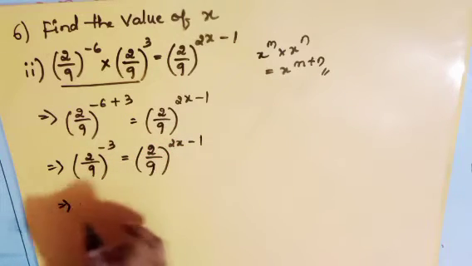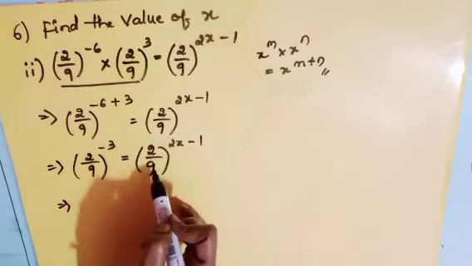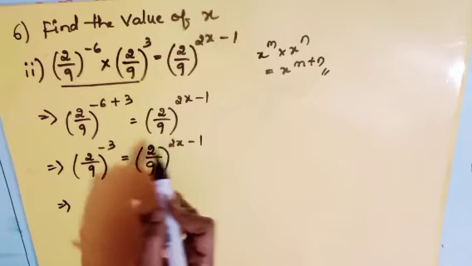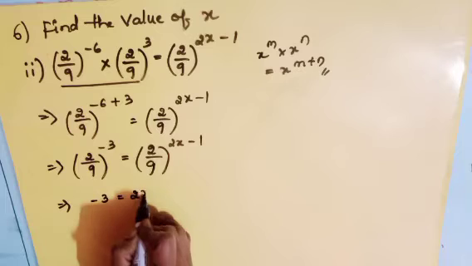See, already I said that to find the value of x, when bases are same, the exponents must be equal. So I'll take the exponent, that is -3 = 2x - 1.